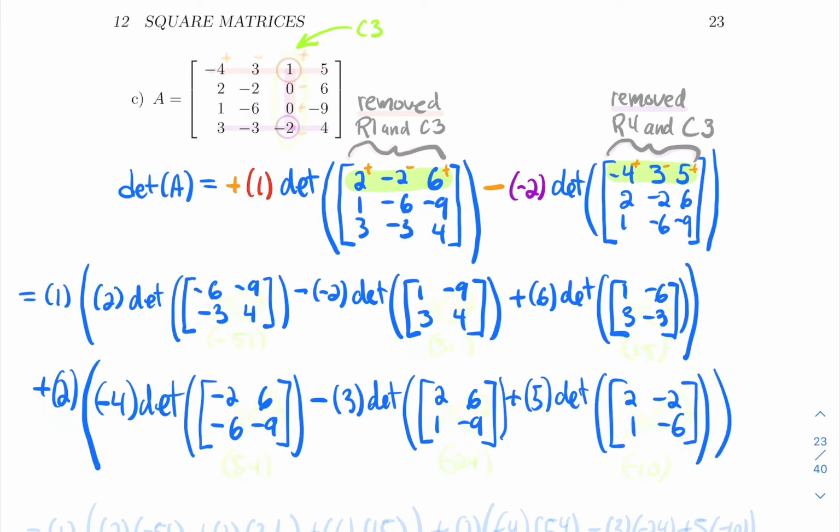And now you have to compute those nice 6 2x2 determinants. It's full of fun.